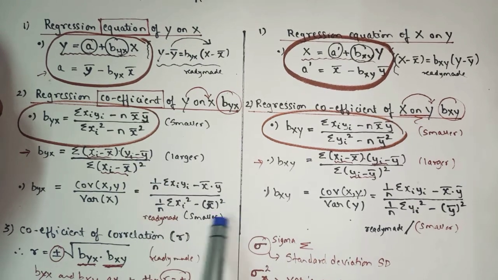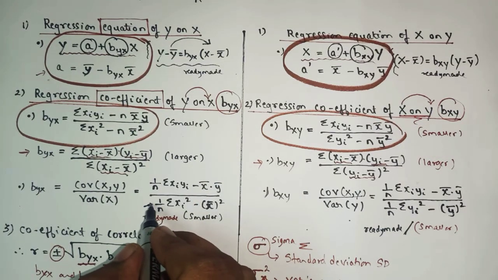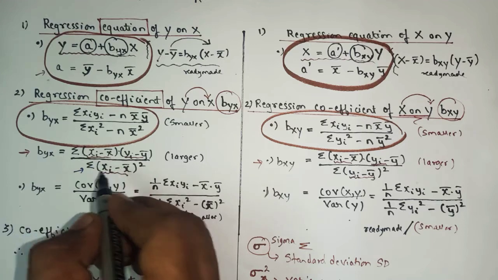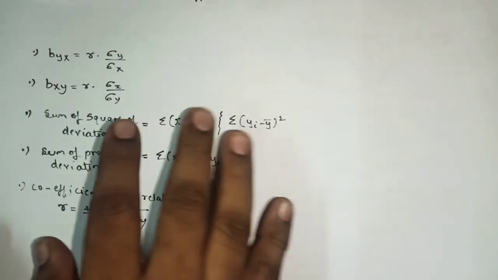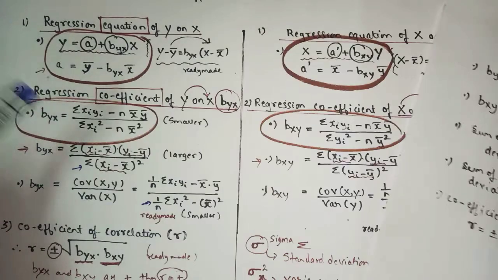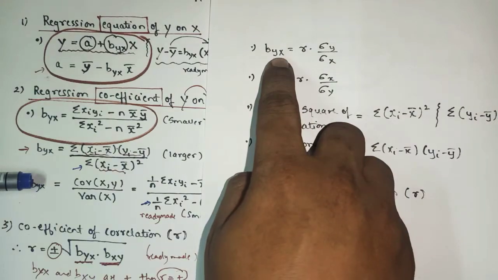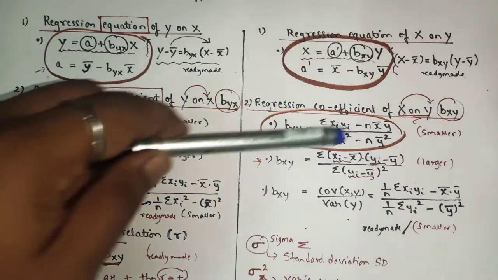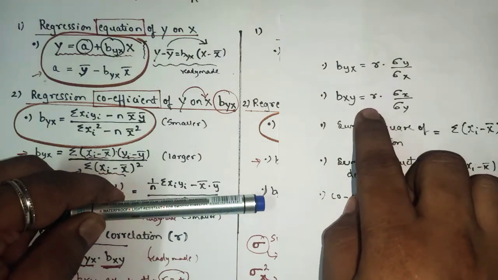This denominator part is actually the standard deviation. Remember this. In the second exercise, to find byx and bxy, here we have three formulas and this is the fourth one. For bxy also 1, 2, 3, and here is the fourth one.